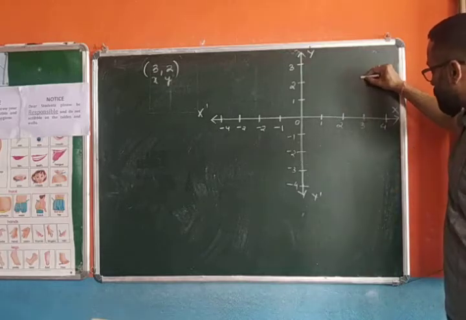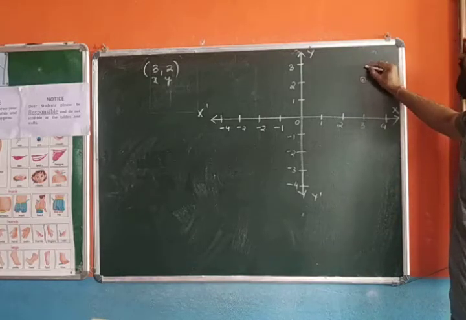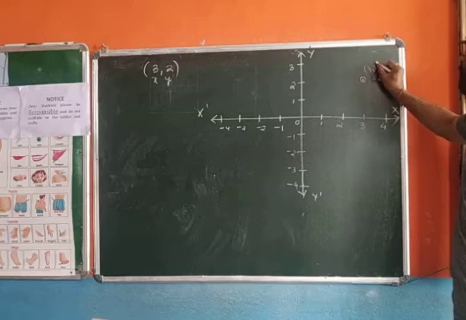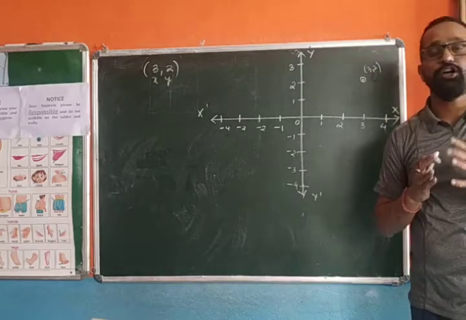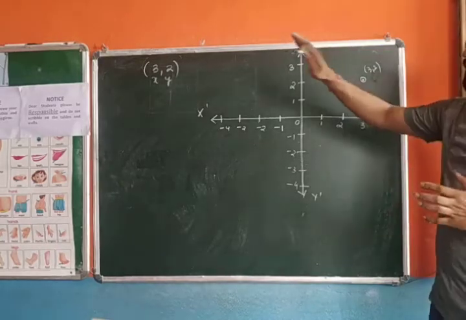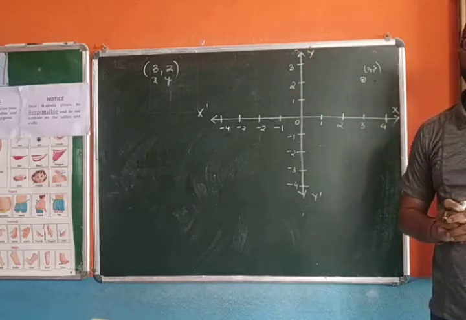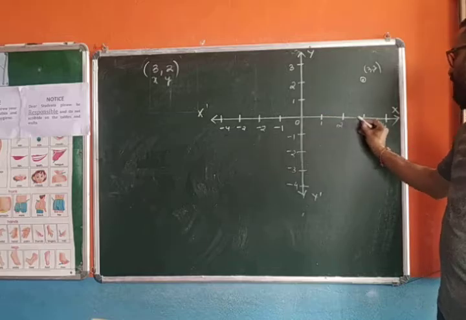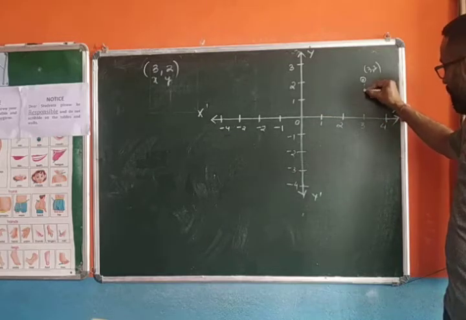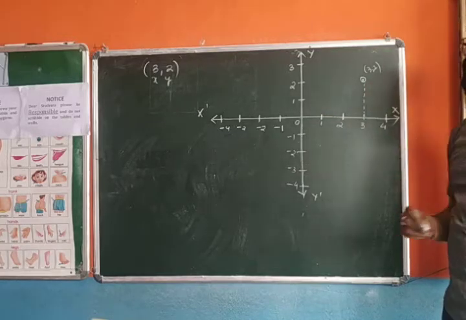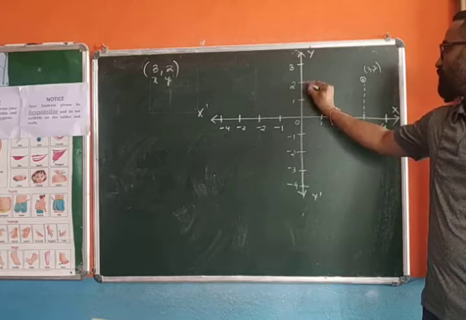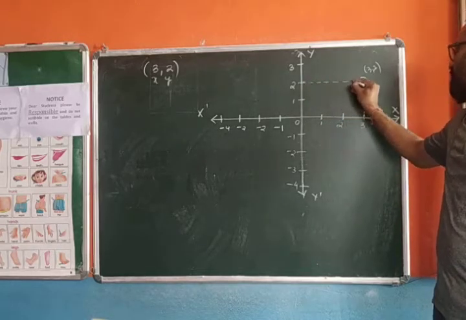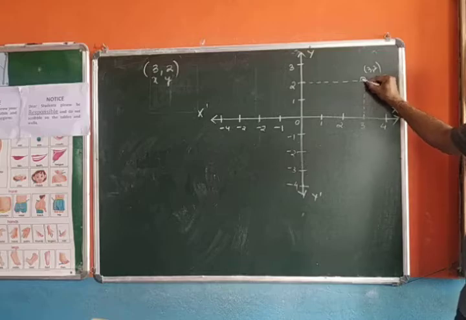Then put a dot, circle it and write 3, 2. This is the location of the point 3, 2 in the Cartesian system. Or if you get mixed up, you draw a vertical line with a broken line. From y also you draw. The intersection of these two will give you the point.